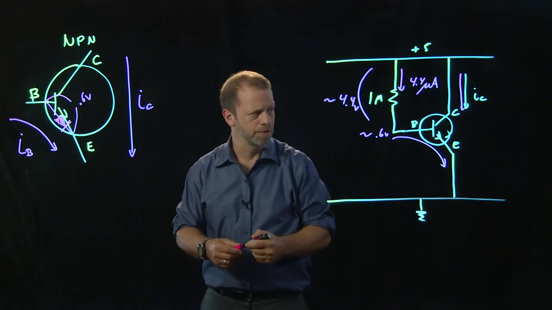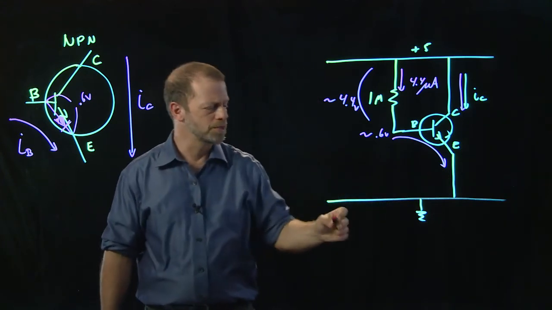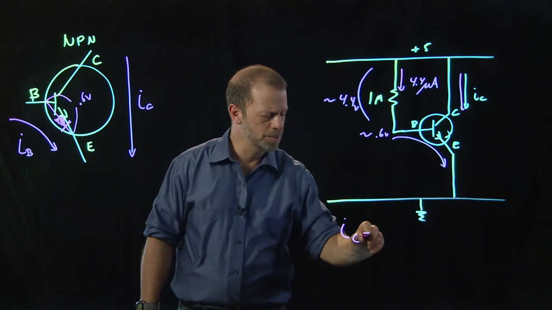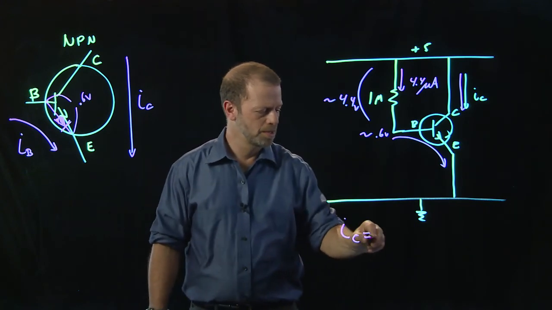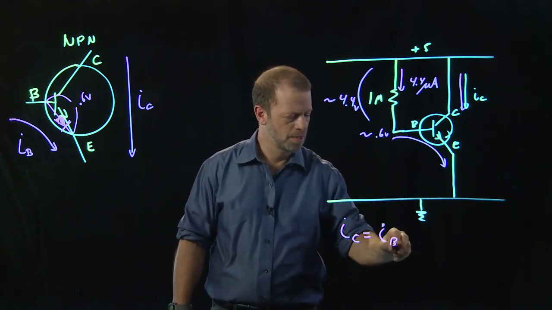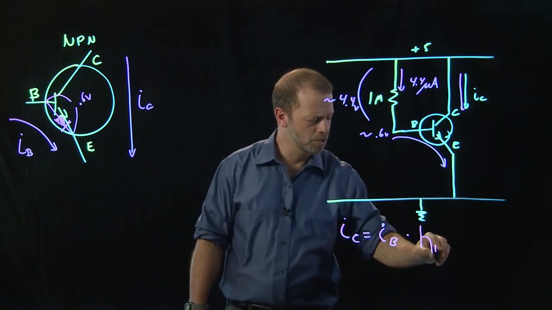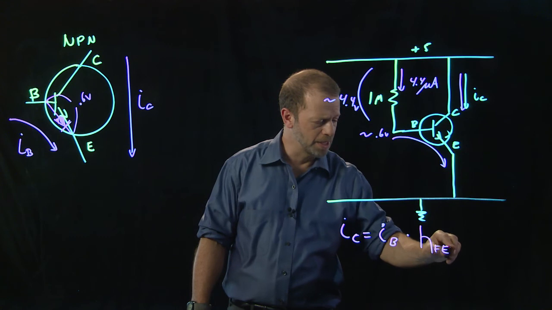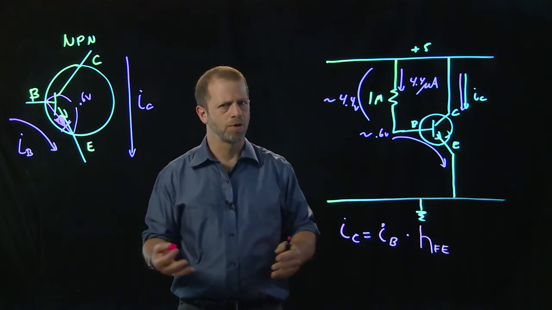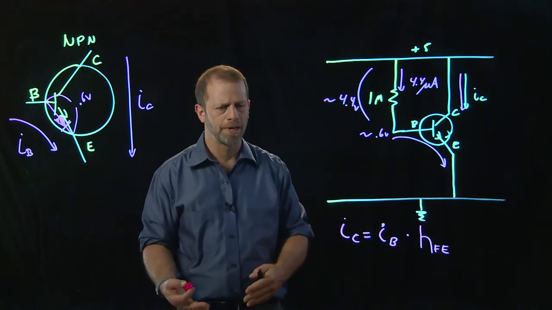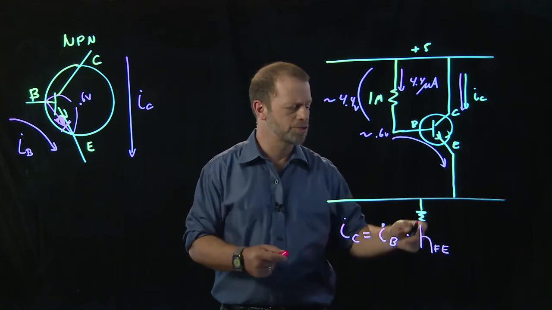So what's the relationship of those two? The collector current is proportional to the base current times a factor which is called the DC current gain. It's often called HFE, and it varies from transistor to transistor, depending on the temperature of the transistor, and so on.